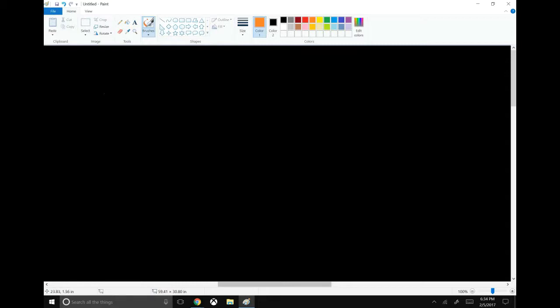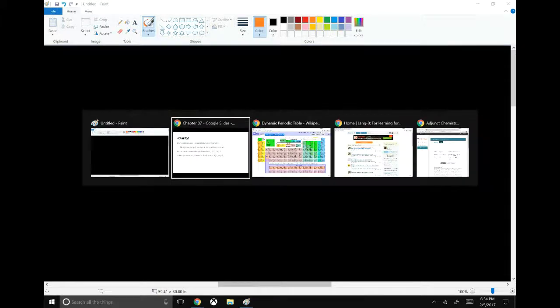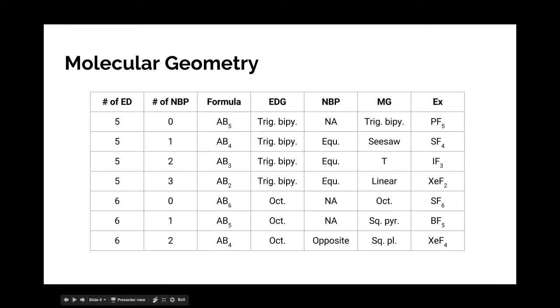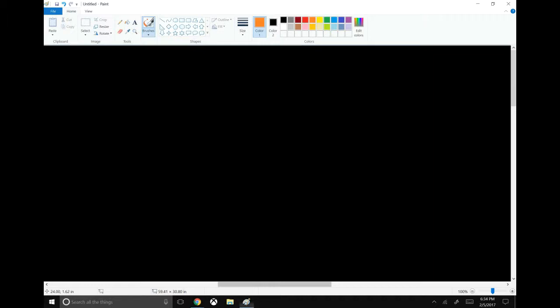We can see some examples where non-bonding pairs will not make it polar. If we look at, say, what was our trigonal bipyramidal example? Trigonal bipyramidal is the one that's always messing with things. It is going to add up to be polar in many cases, but not always. So, xenon difluoride.